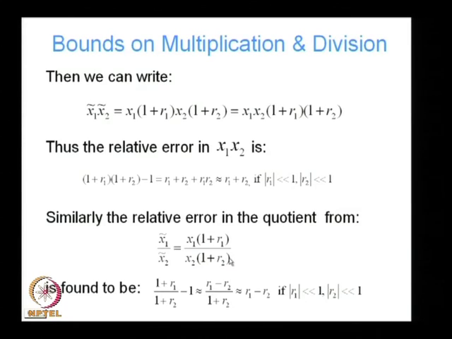The relative error in the quotient will then be equal to x1 tilde divided by x2 tilde minus x1 by x2, divided by x1 by x2, which gives 1 plus R1 divided by 1 plus R2 minus 1.